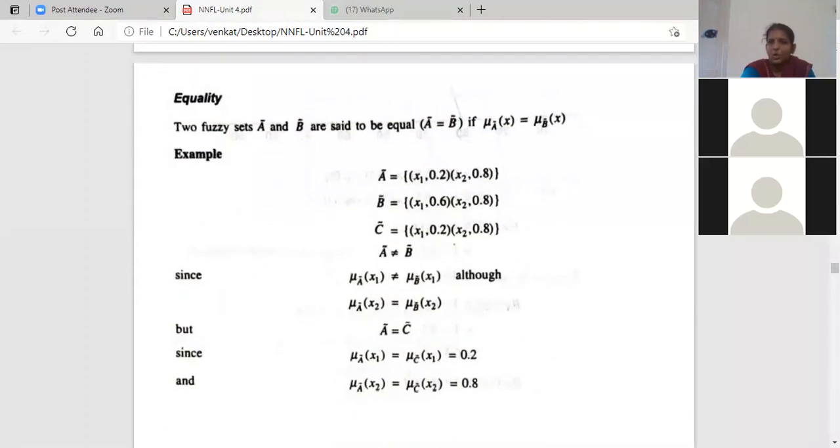Though one of the membership values is equal, the other is not equal. X1 is not equal, X2 is equal. So it indicates inequality of the two fuzzy sets. But A is equal to C here. Okay, you can observe.